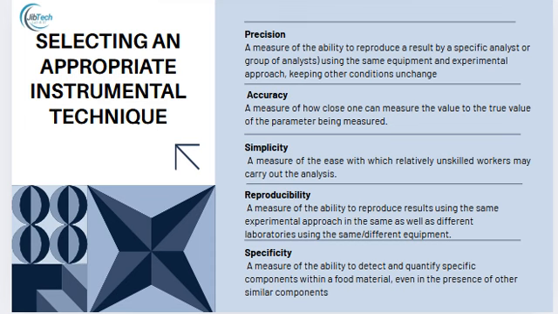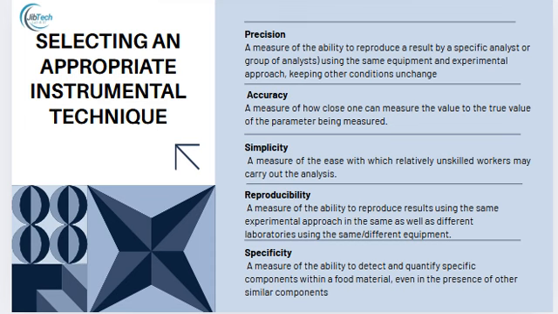So food analysis is divided into two: classical and instrumental. But we're not going to classical now. We're talking about instrumental now. And so you want to select an appropriate instrumental technique for your analysis. So what are the factors you need to consider? All right. So I have 5 factors here that you could consider in selecting an appropriate instrumental technique.